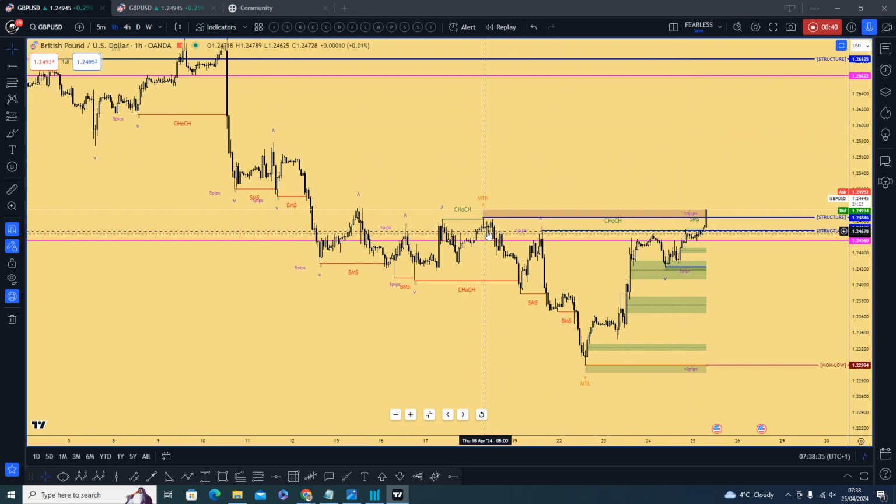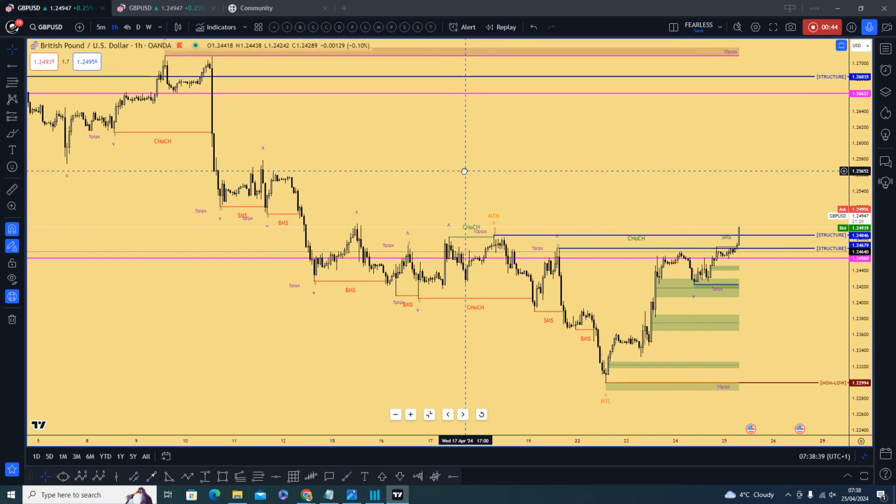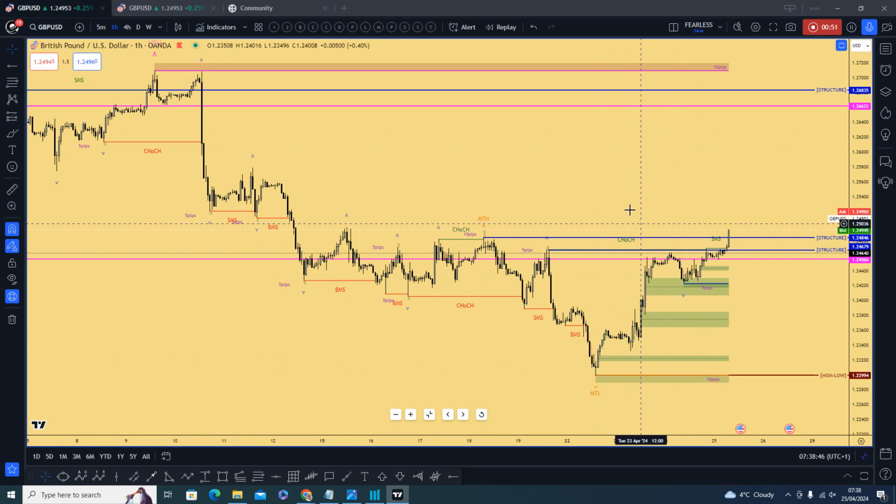So the first one is the pound US dollar, which we have interest in because we've been looking at this for the last 3 days. And this has actually worked out well. We had a little bit of pause here before the break of the structure too.